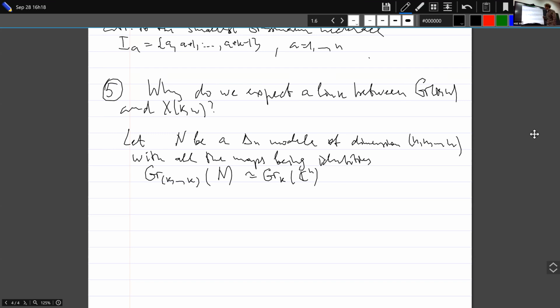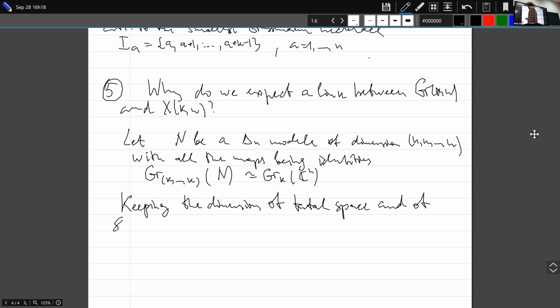And now what I'm doing, I'm keeping the dimensions of the total space and of the subrepresentations.